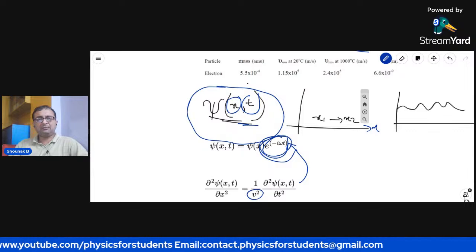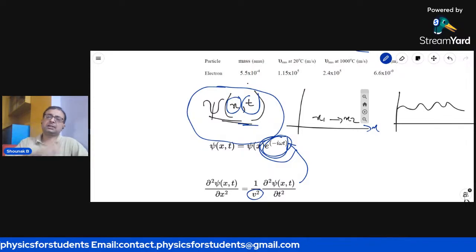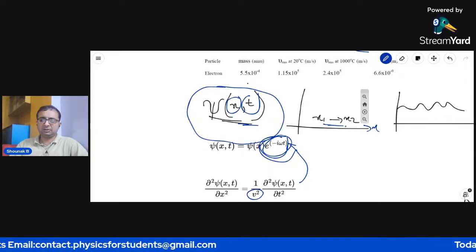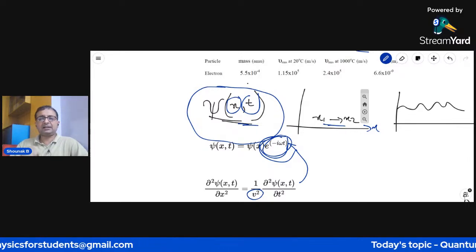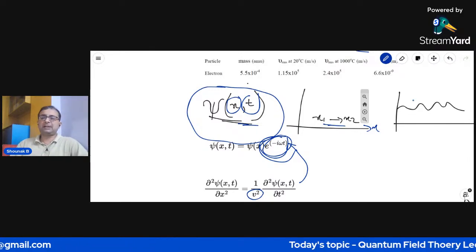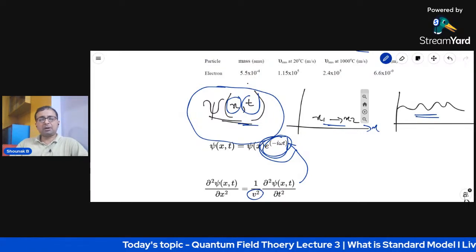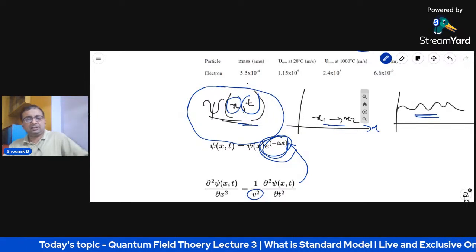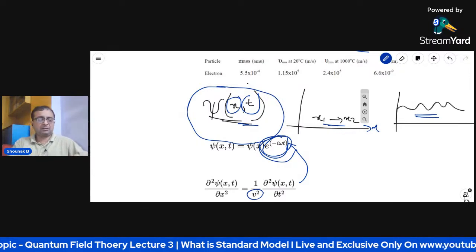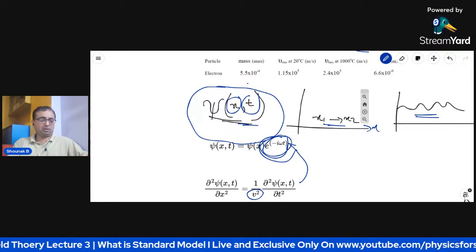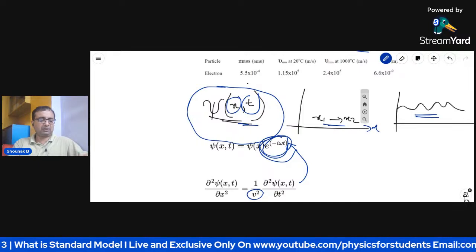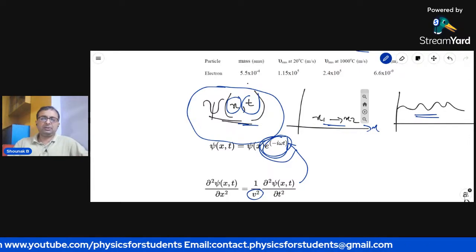At a particular time, when the coordinate is between x1 and x2, the electron distribution function looks like a standing wave, this blue one. And the important feature of a standing wave is that the two terms are written as one term depending on the other term, one being x and the other t.